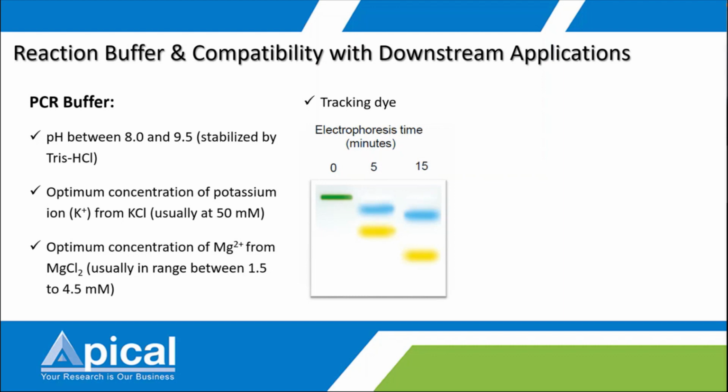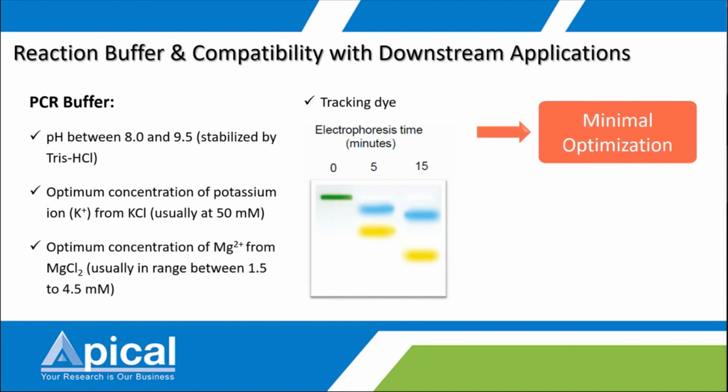Okay, so commercially, DNA polymerase often comes together with the PCR buffer. This PCR buffer is usually optimized for robust enzyme activity, and therefore less optimization will be needed.